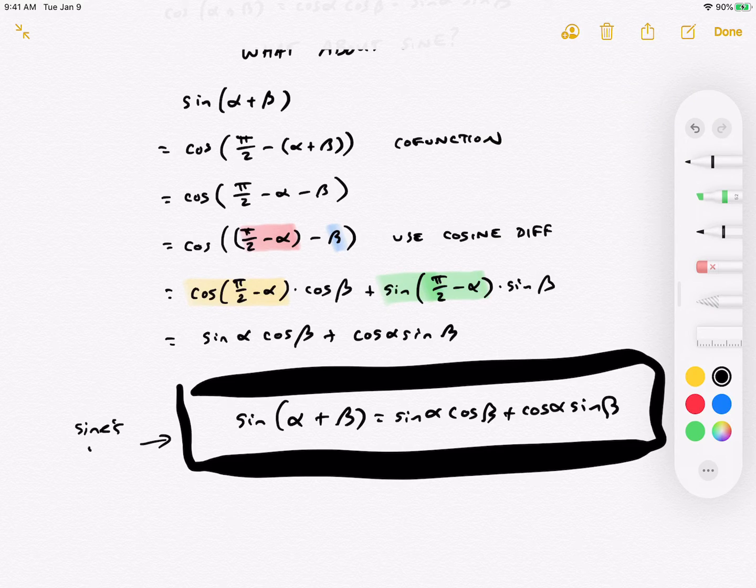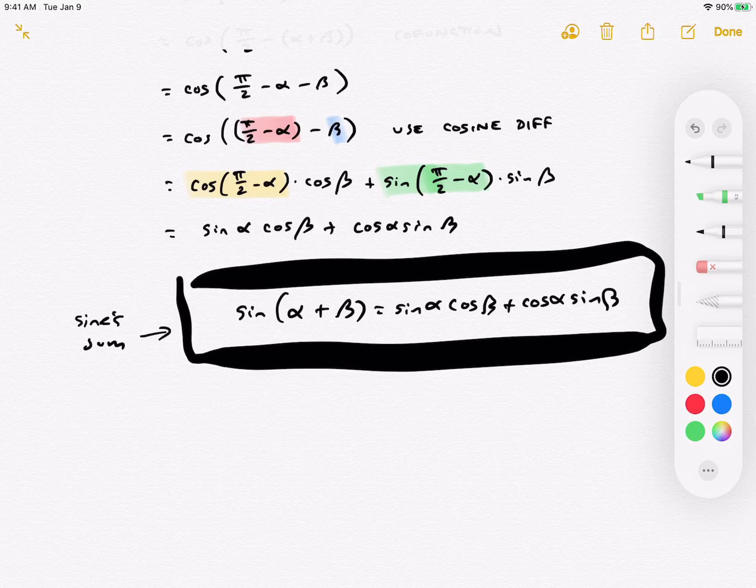Sine's sum formula. From sine's sum, I could quickly work out sine's difference. I'll use the exact same idea from the last video. The last video said if you want to move from a plus sign to a minus sign or vice versa, you can simply think about negative angles, or the opposite of the angle you started with. So I can rewrite alpha minus beta as alpha plus negative beta.